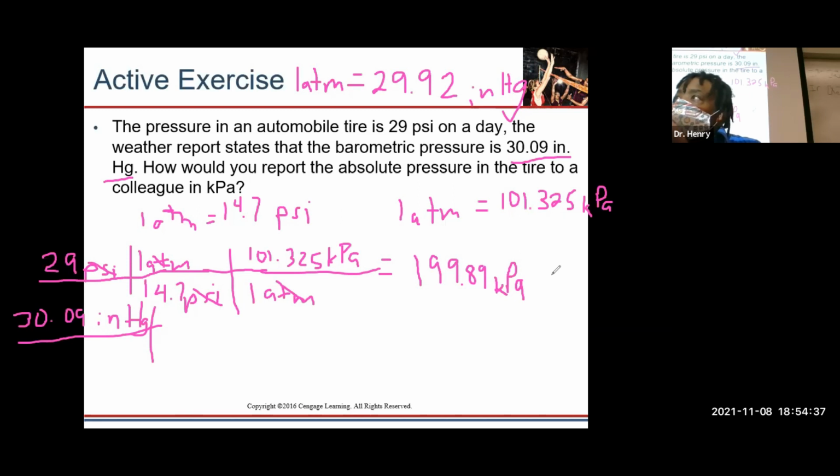Two sig figs. So it should be 2.0 times 10 to the second kPa.